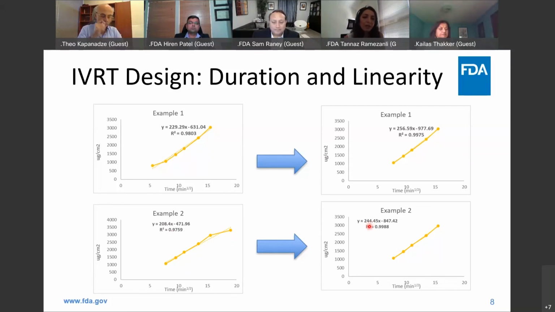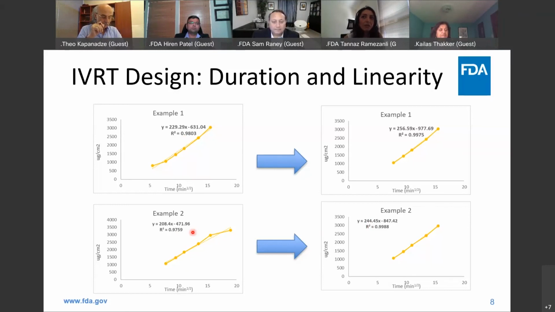And our linearity has also improved. So even with a profile on the left side with a linearity of 0.97, the last data point is not acceptable to include as part of your release rate calculation.